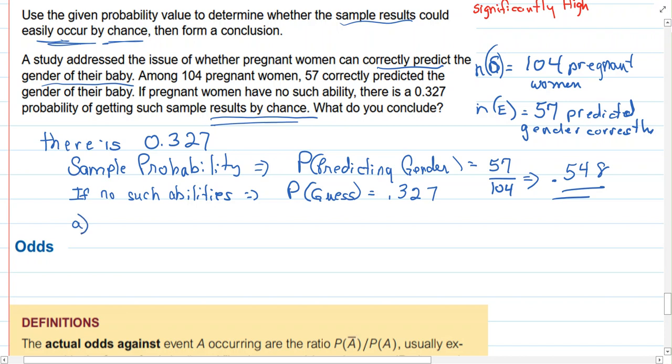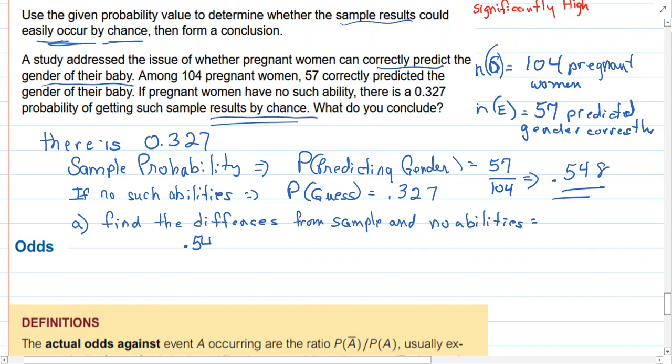We're going to find the difference from the sample and the no-ability value. So that would mean I'd have the decimal 548 minus the decimal 327, because that difference is what we're looking for to measure with that 5%.